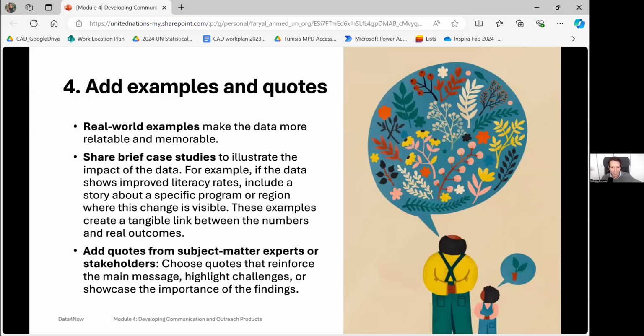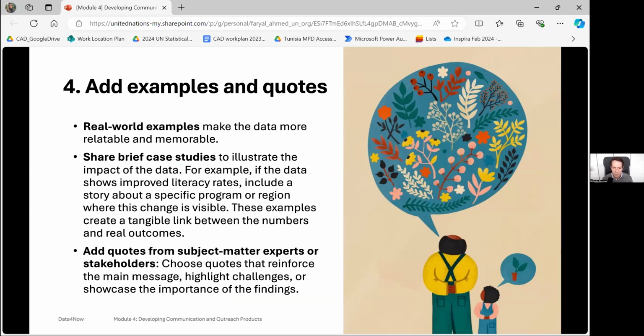It is trying to give some examples and quotes. If you want people to really relate to your story, try to have some case studies or testimonials, different things that are going to bring your story alive.